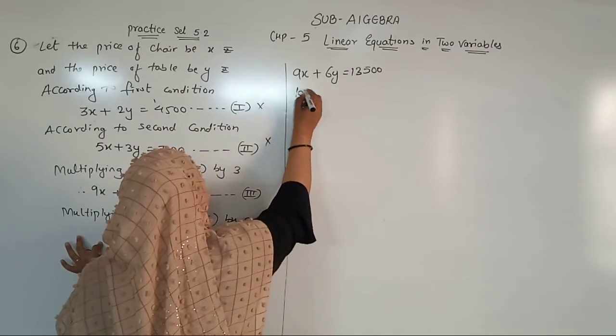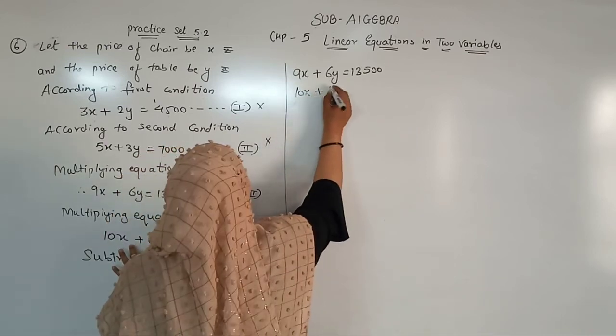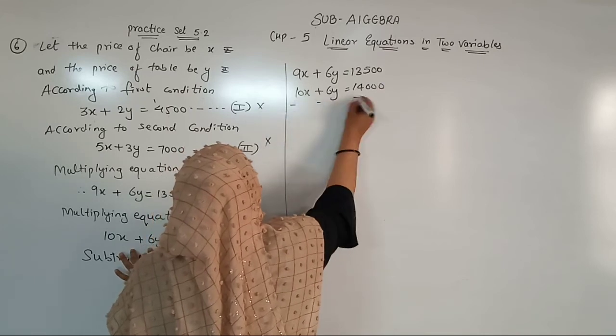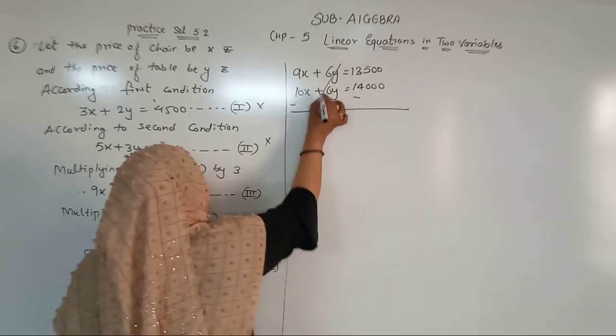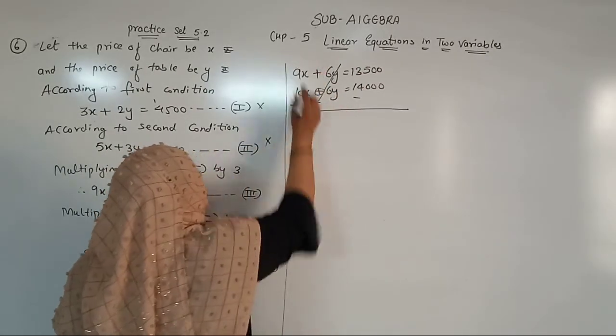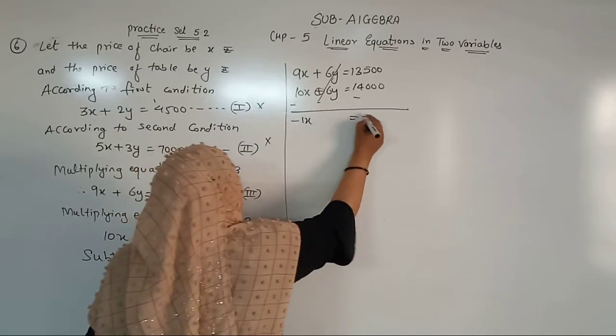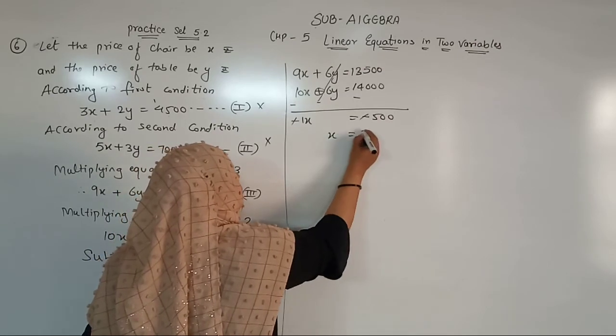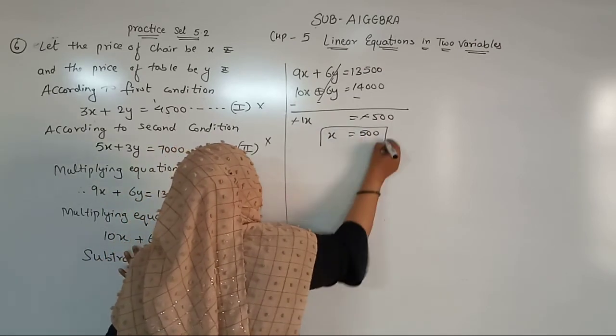Now my fourth equation is 10x plus 6y is equal to 14,400. Change the sign. So what happens? This will get cancelled. I will get minus 1x is equal to minus 500. Minus minus cancel. So x is equal to 500. I get the value of x as 500.